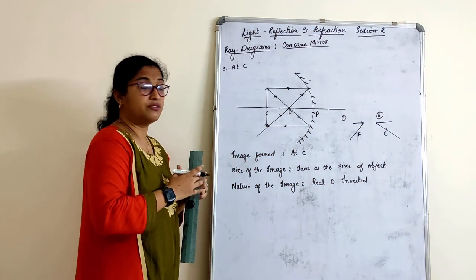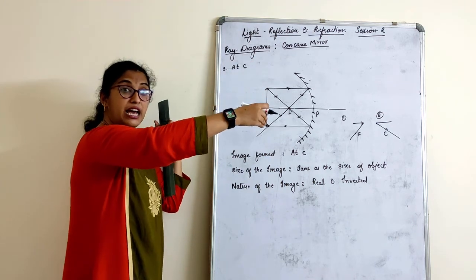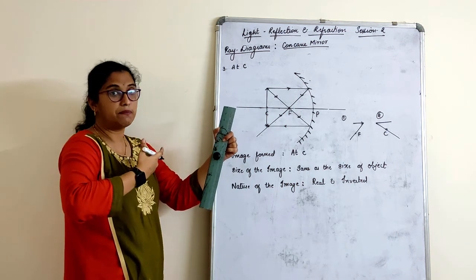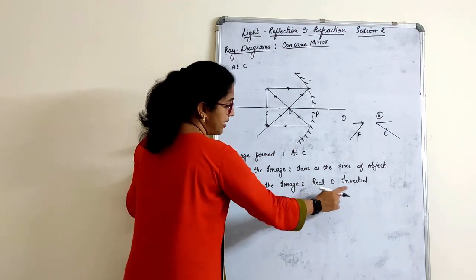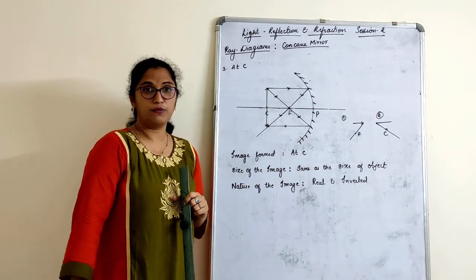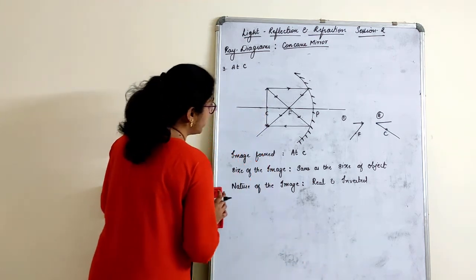Now did you understand the trick here? When the object was at the back, the image started from F. As you go on coming forward, the image will also go on going backward. Nature of the image: real and inverted. Same size as the object. Very clear on this part? Okay, let's move to the next one.